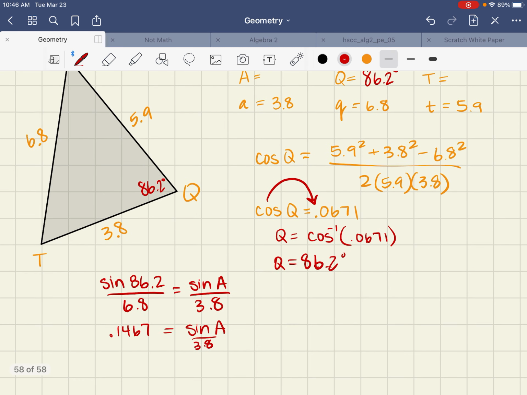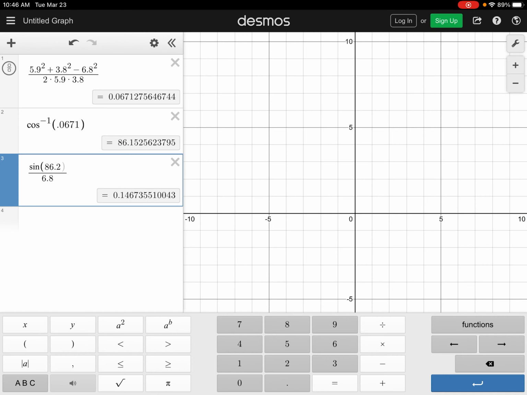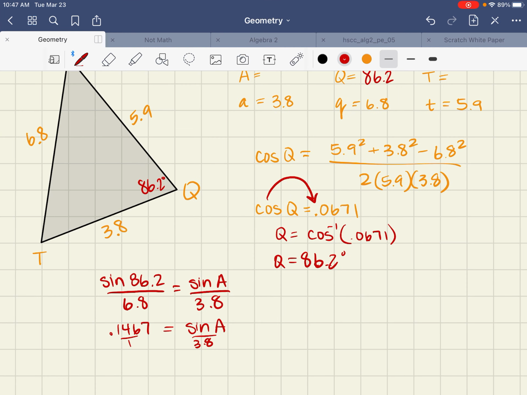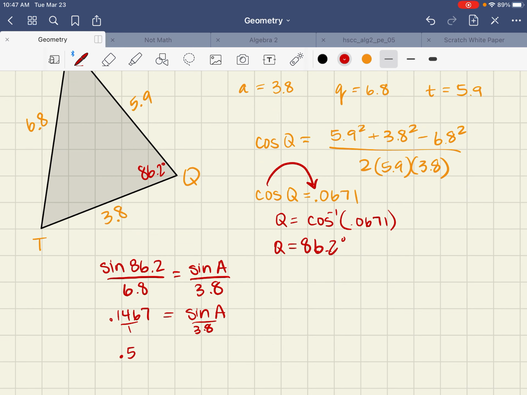What we're going to do from there is cross multiply, which is 3.8 times 0.1467. That comes out to 0.5575. So we have 0.5575 is equal to sine A.